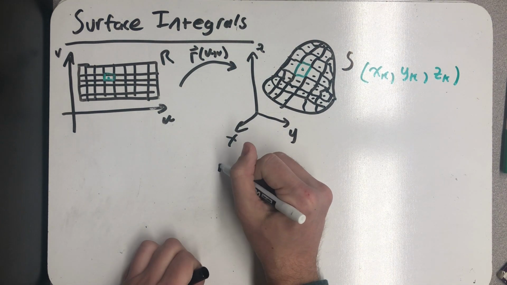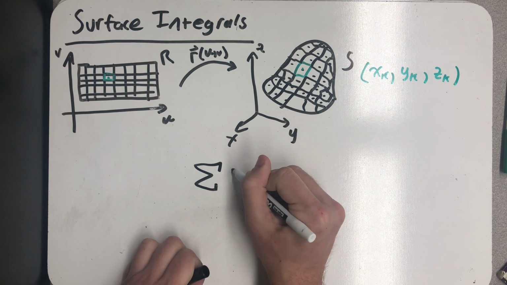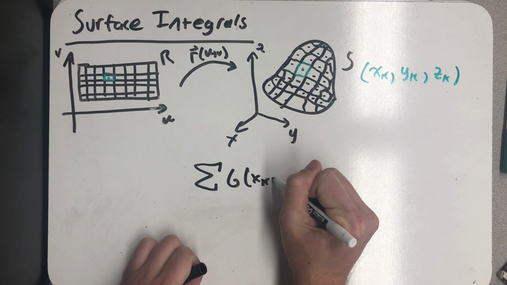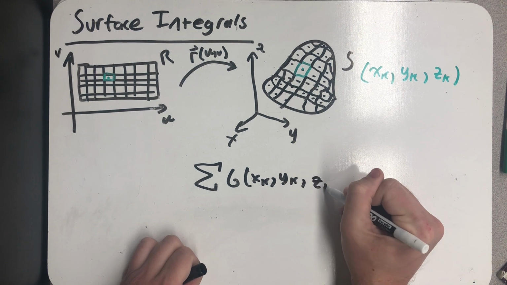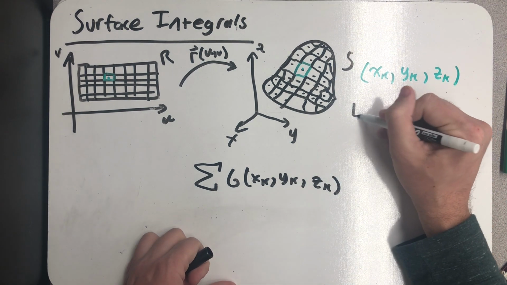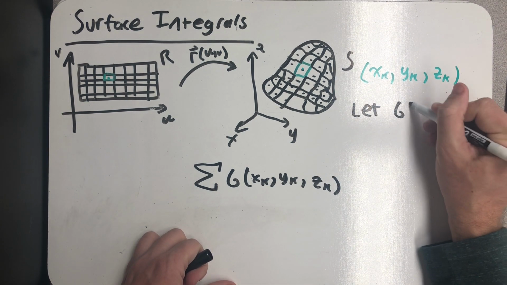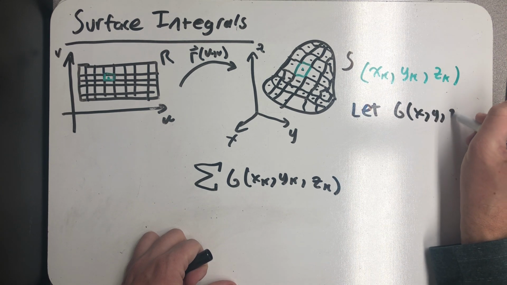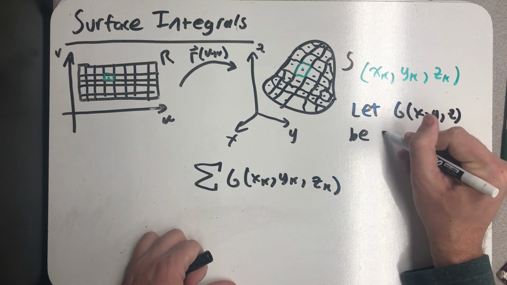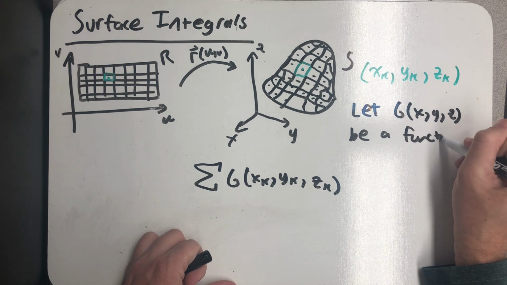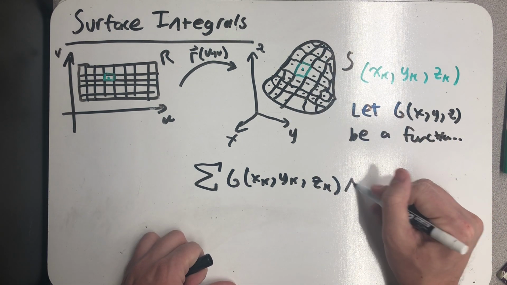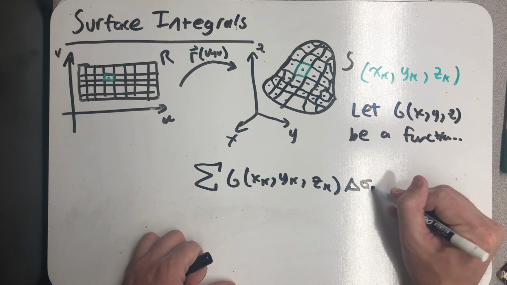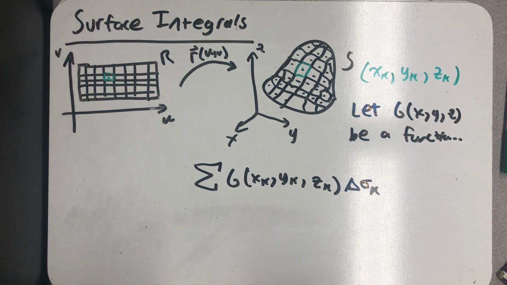Well, I could imagine this Riemann sum obtained by plugging that into a function of 3 variables. So let g of x, y, z be a function of 3 variables. And then times the area of one of those little regions, and that was a delta sigma from our last lesson.